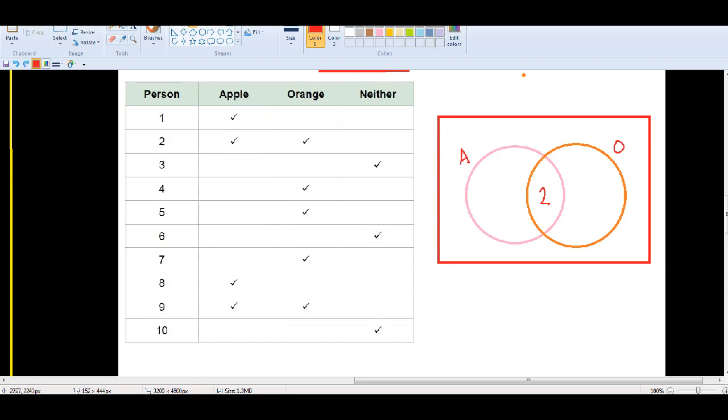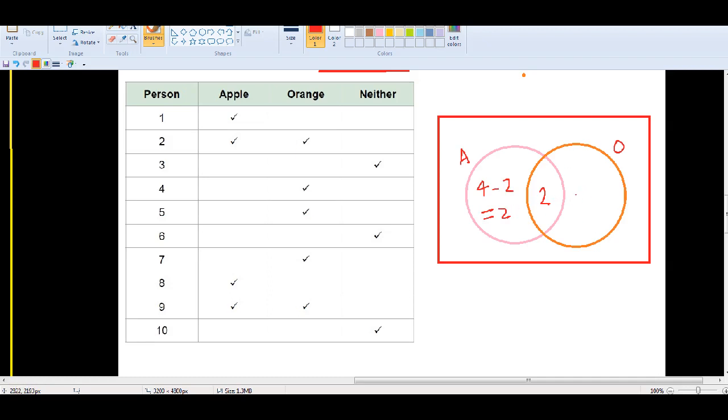So there are 4 people favoring apple and 2 favoring both, so for people favoring only apple, you should use 4 take away 2. You get 2. Hopefully you understand how to do this now.